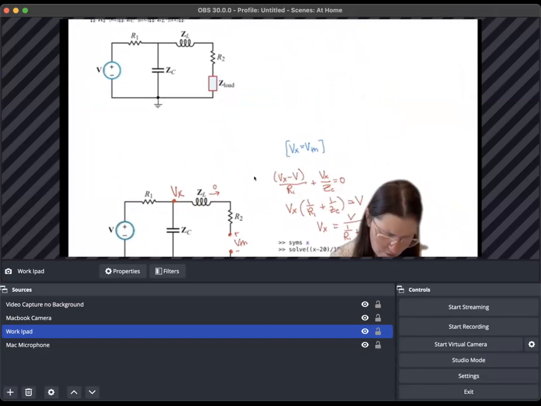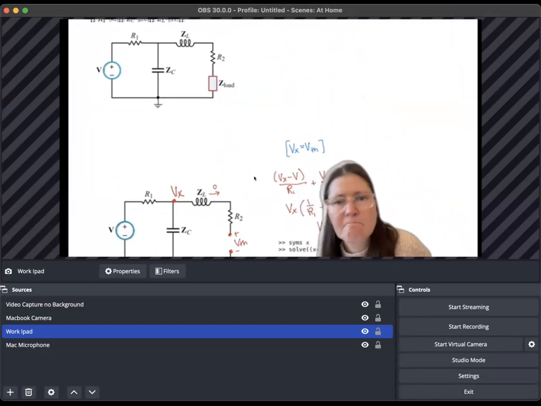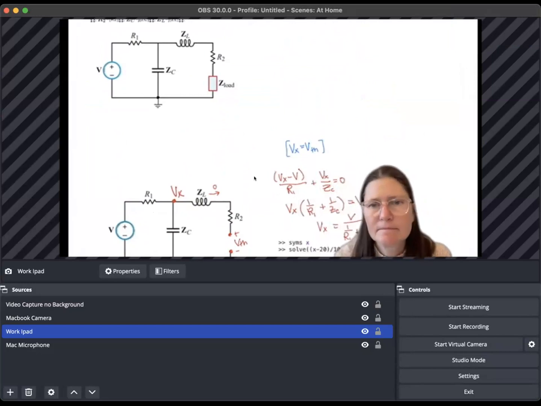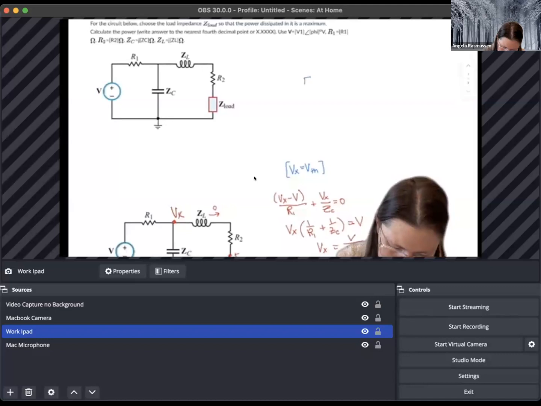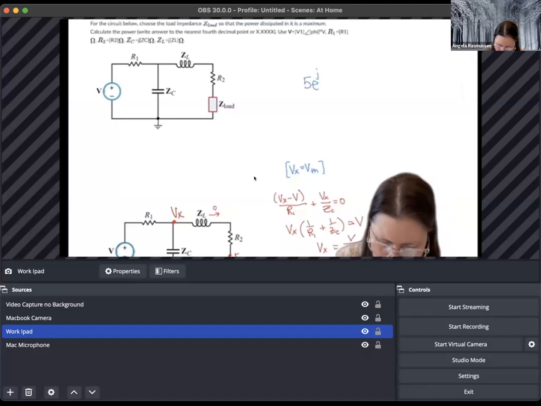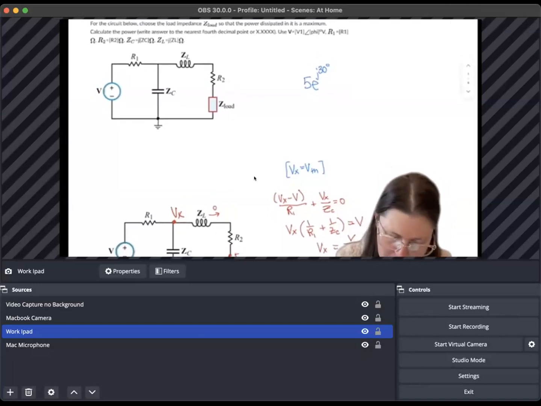So if we had, just thinking generically, V1 equal to 5e^(j30°), that would just evaluate to a number, correct? And we would just use what you just wrote down in our calculations, and it would work out.